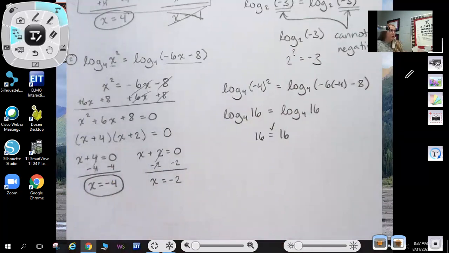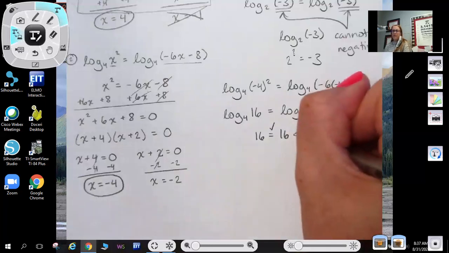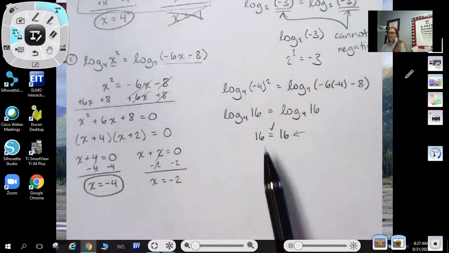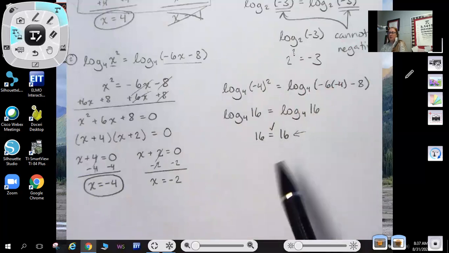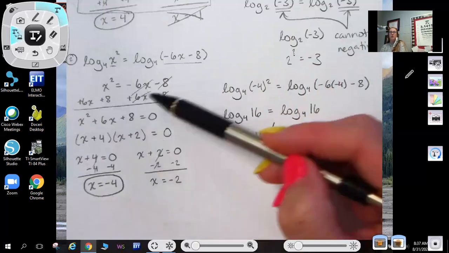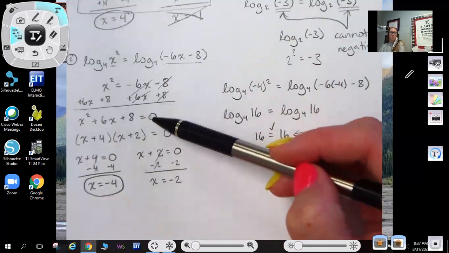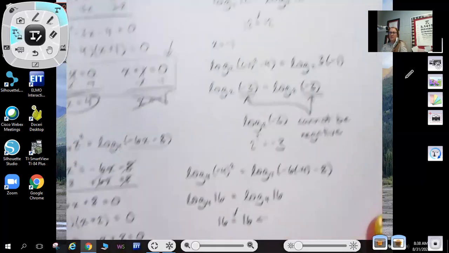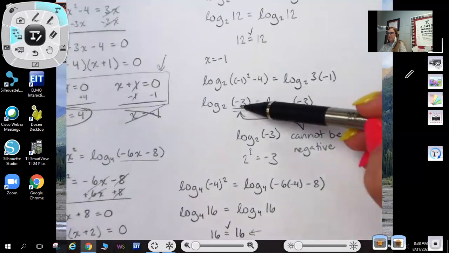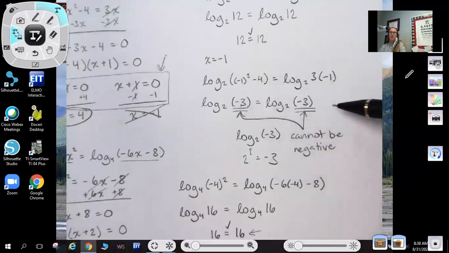Really quickly, let me tell you, you should always get to a point where you have a true statement as your last line of checking. If you get two different numbers here, like 15 equals 16, then you need to go back to your original work and see if you've done something wrong. The only thing that should stop you from saying a number is a solution is if, like in the first example, you end up with a negative where you're not supposed to have one.